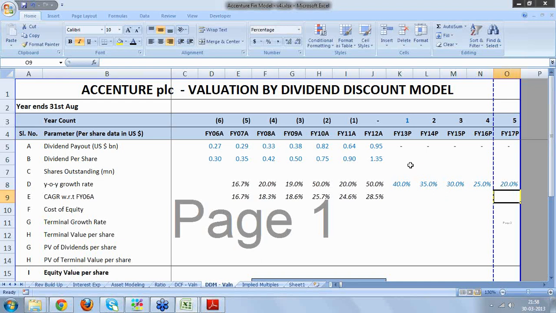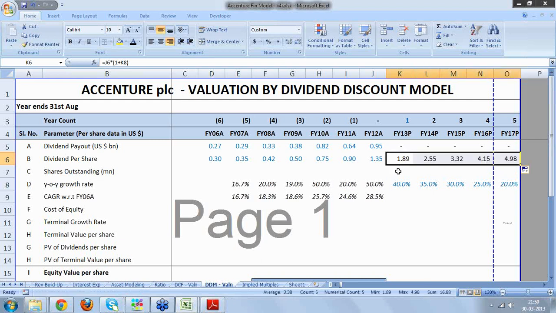That's the growth I'll consider in the dividend per share. So this should be last year's value into within bracket 1 plus the growth rate that I have considered here. I say enter, so we'll end up getting this.